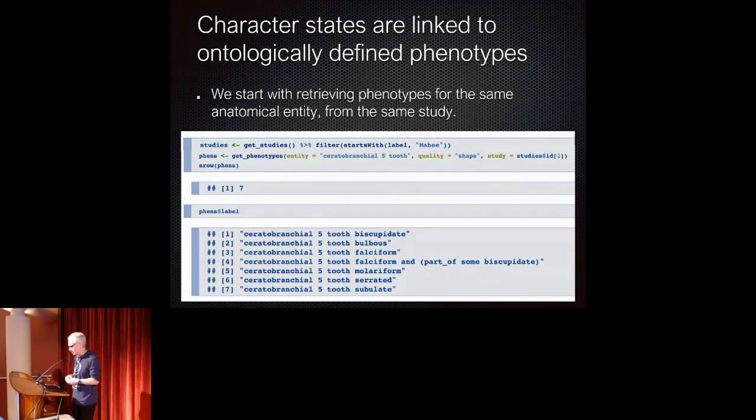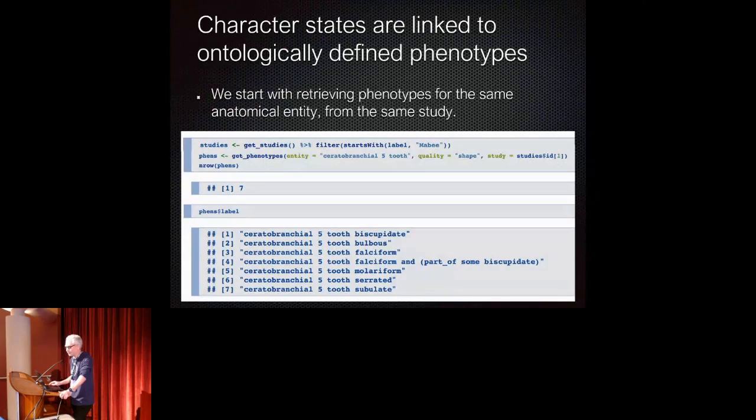And so here I start with obtaining a study, and then I can get phenotypes from the knowledge base using the semantics-based filtering, right? So there are no phenotypes directly annotated in natural text as, say, ceratobranchial 5 tooth shape. That gets translated into ontology terms and then uses the index of the ontology terms to pull out the respective phenotypes.